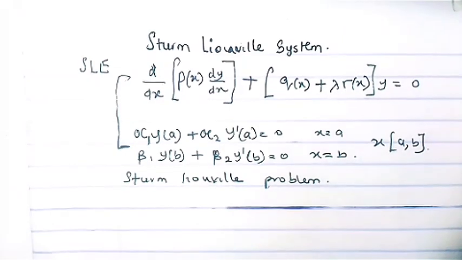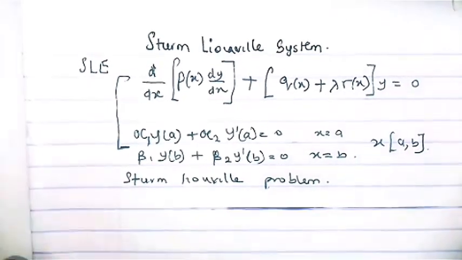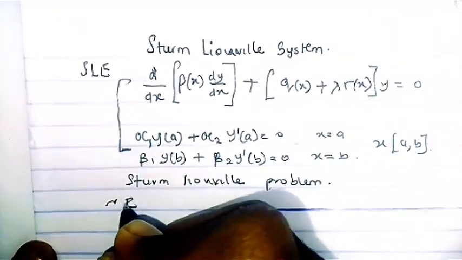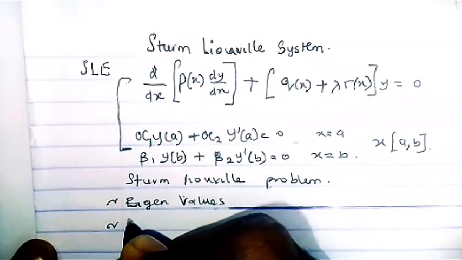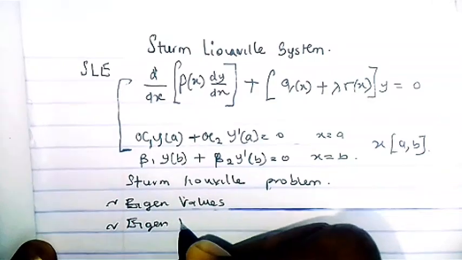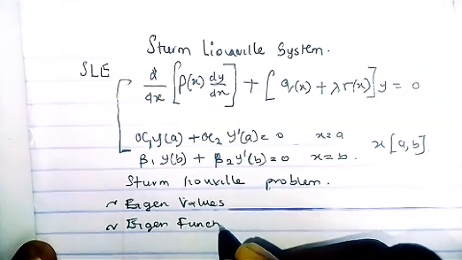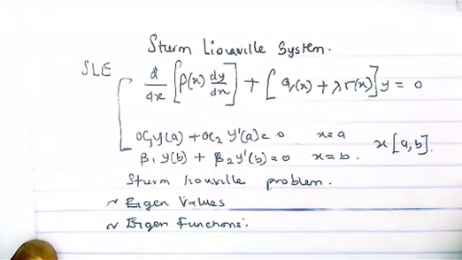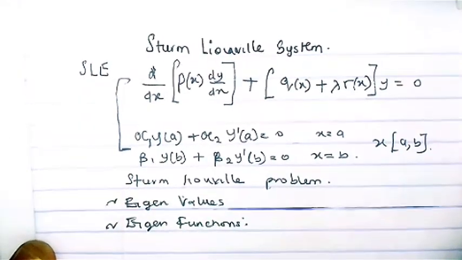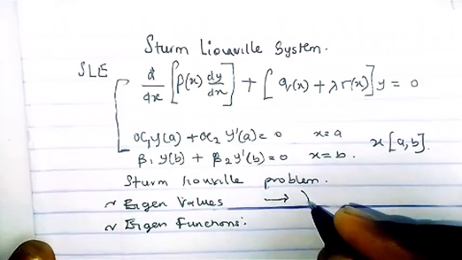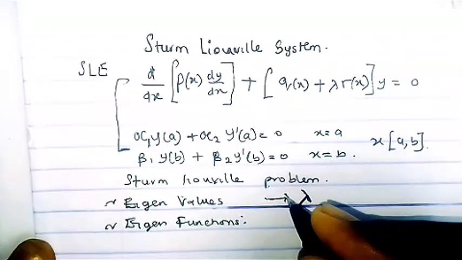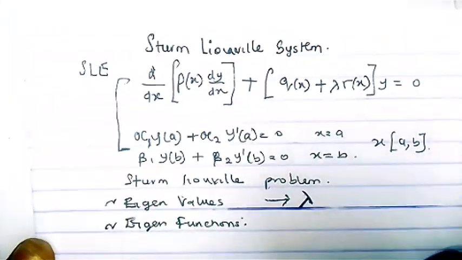Before I proceed, like I said, in a Sturm-Liouville system we'll be asked to find the eigenvalues and the eigenfunctions. The eigenvalues are represented as lambda, and the eigenfunctions are mostly represented as y.